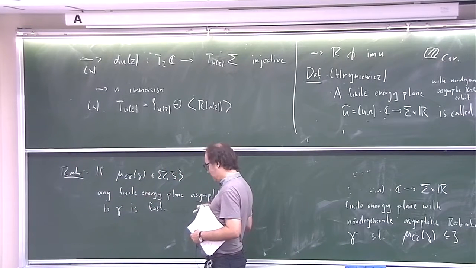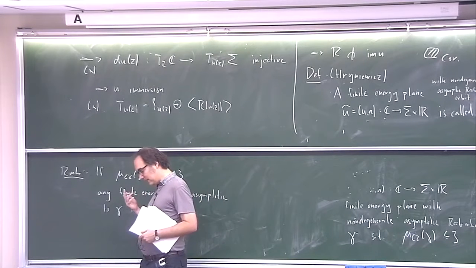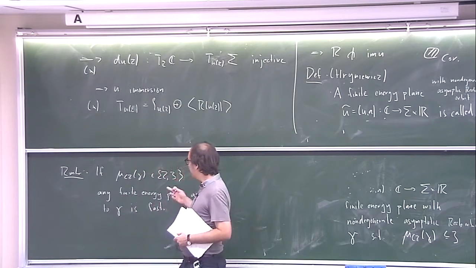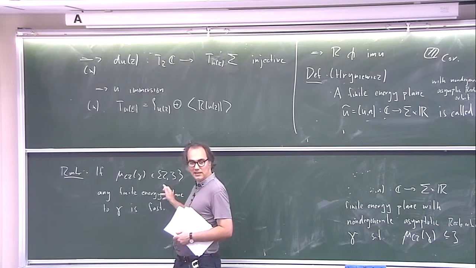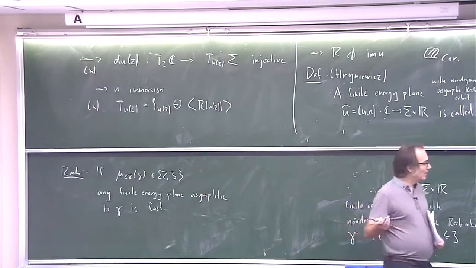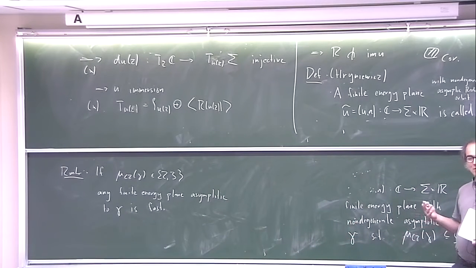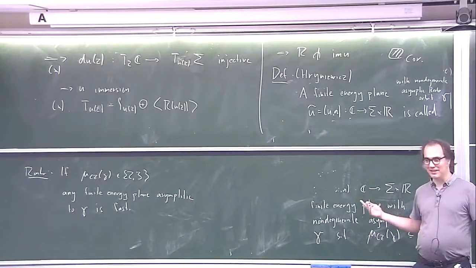But what was the insight of Hofer? Even if the Conley-Zehnder index of gamma is bigger than 3, at first it looks like this moduli space of finite energy planes doesn't look good for finding a global surface of section because there are much too many. It's much too big.